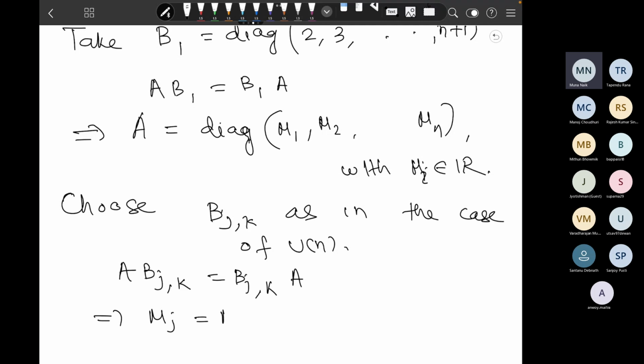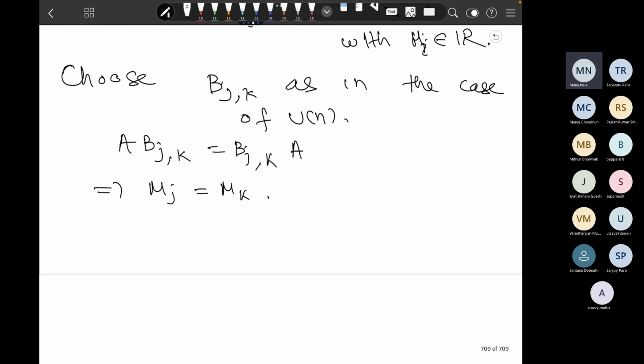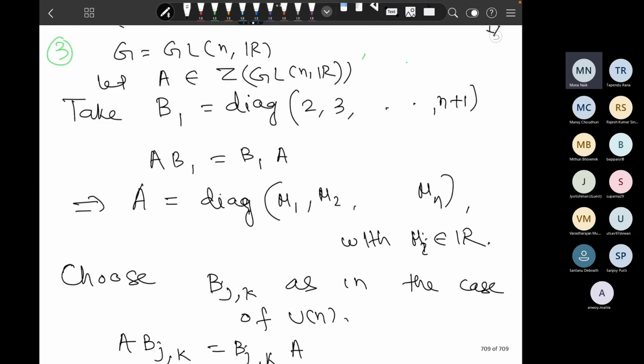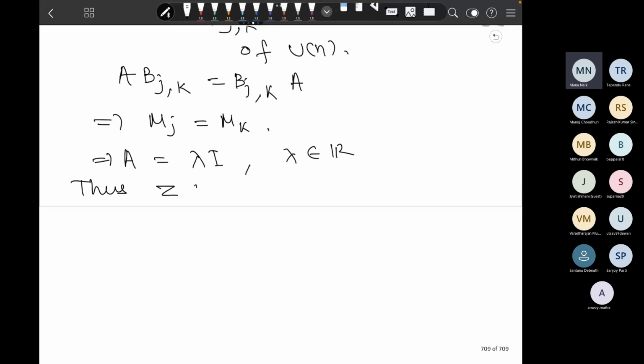Mu j is equal to mu k, and therefore A is equal to really lambda I, and thus lambda belongs to R. Thus Z of GLNR is, you can get, lambda I so that lambda belongs to R star.